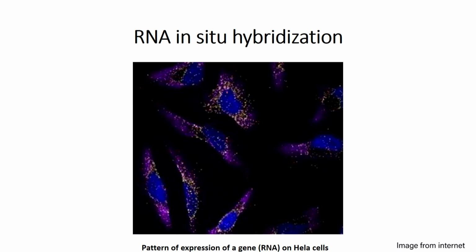So this is the nucleus of the cell. The transcription occurred here, then RNAs came out and they are now settled in the cytoplasm, and that we are seeing by in situ hybridization. This is the pattern of a given gene, and these cells are HeLa cells.